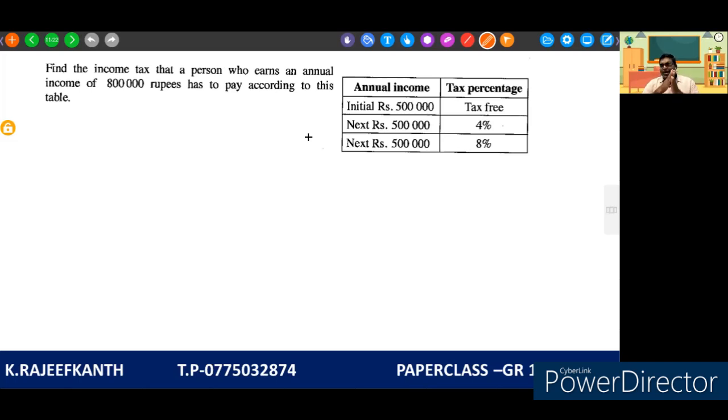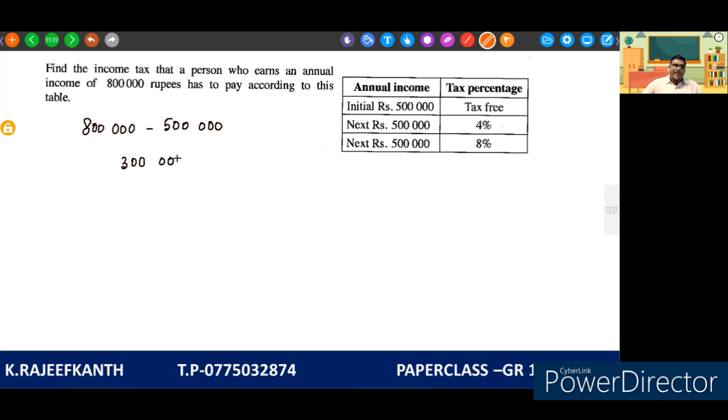Here his annual income is 800,000. So for the initial 500,000 we need not pay tax, so that is tax free. Then the total income is 800,000, so the balance is 300,000.